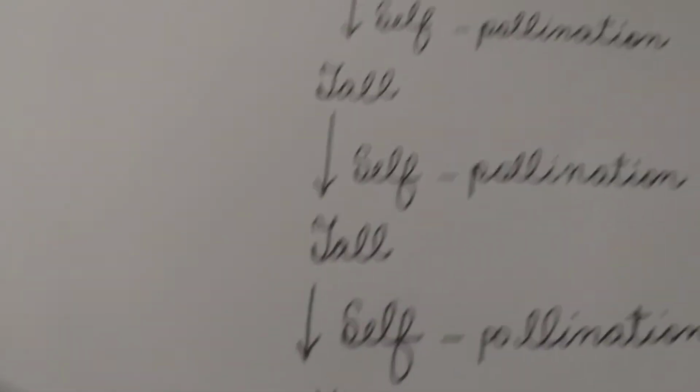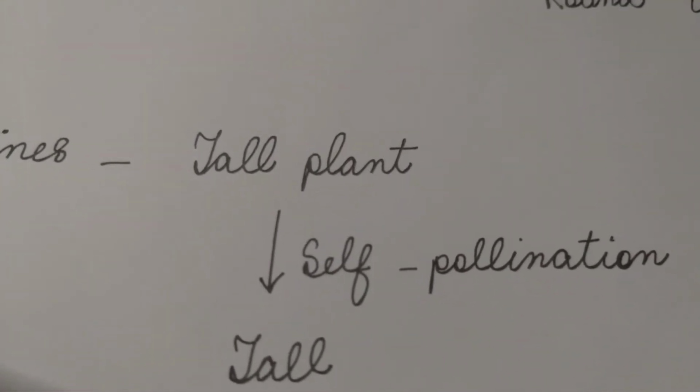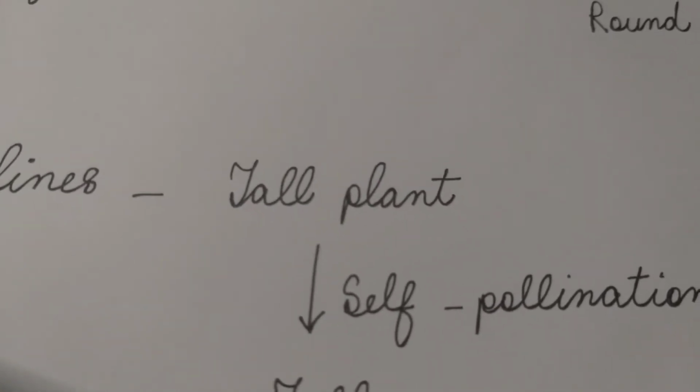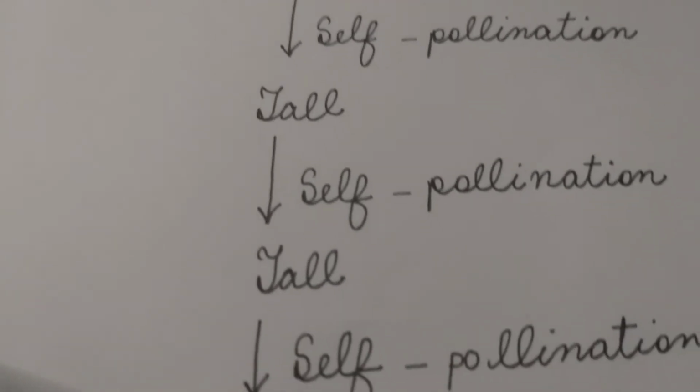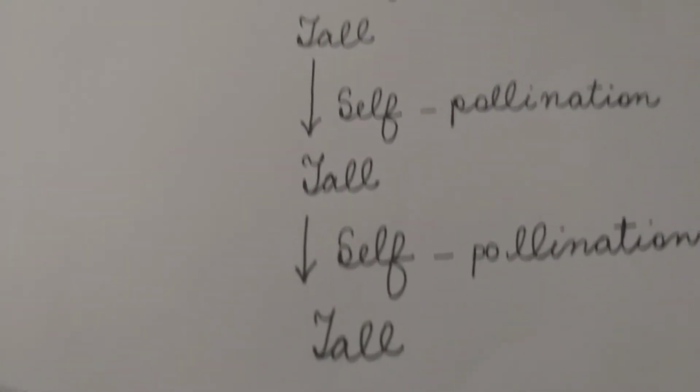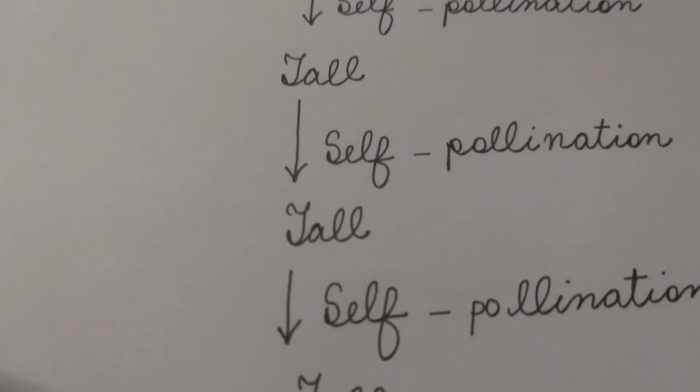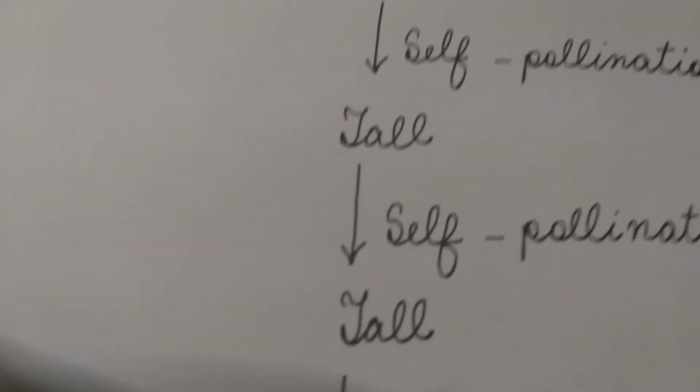That means continuous self-pollination in an organism, mainly a plant, produces the same types of offspring generation after generation.